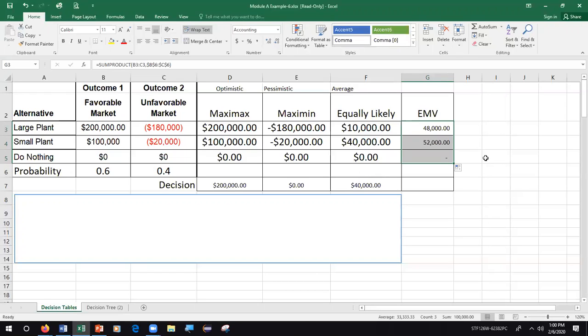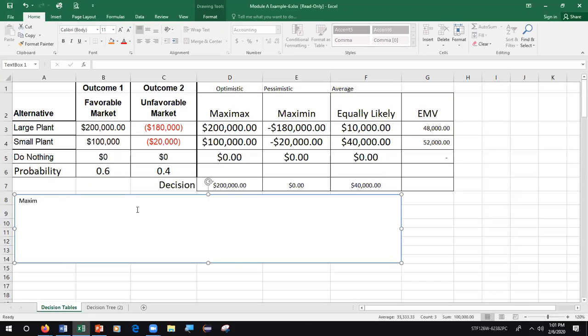So let's go back through here and make our decisions. We made our decision in step 1 with the Maximax. We probably could have written it down then. But the Maximax decision is to build which plant? Okay, so let's just go ahead and put that in.